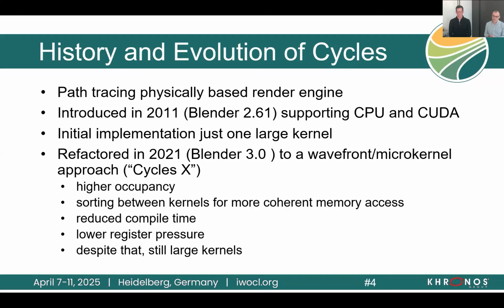They can hit different objects, which gives you code divergence in the execution of the shaders, and really random memory access is also not beneficial. Reducing the kernels also gives you faster compile times, which could be really long in the beginning, and it also lowers the register pressure. Even though, as we'll see, there are still some pretty large kernels left, even though it's been split up into smaller chunks now.